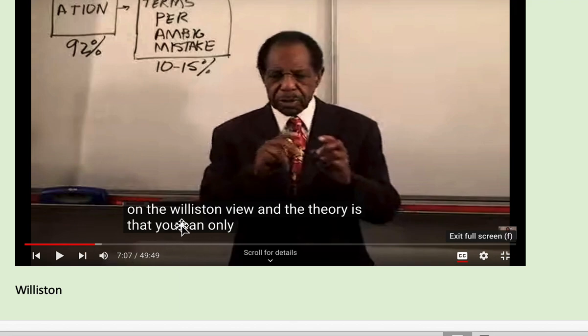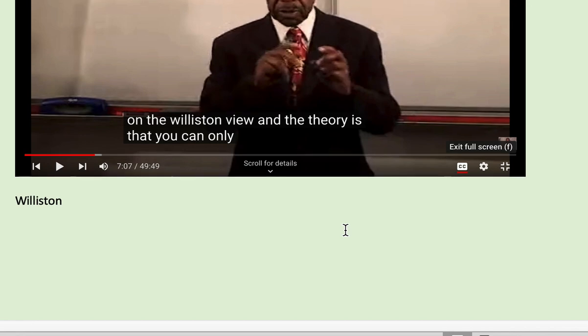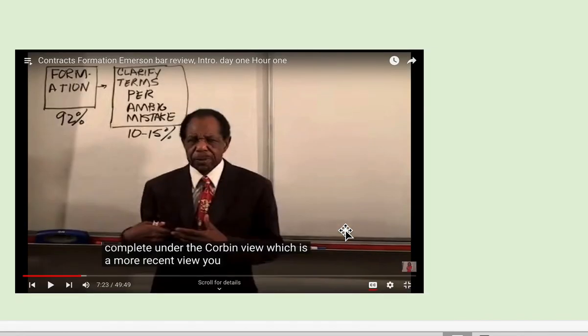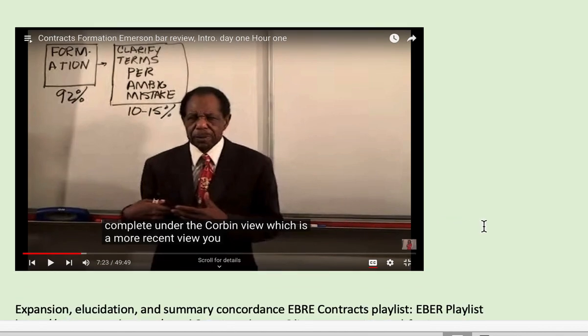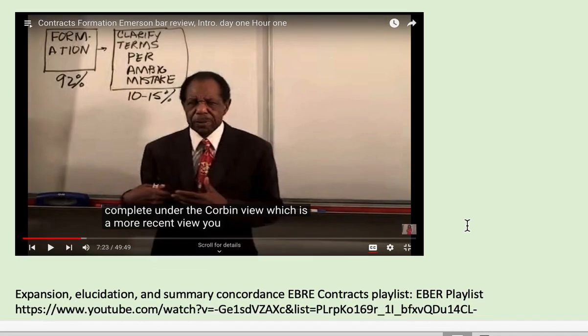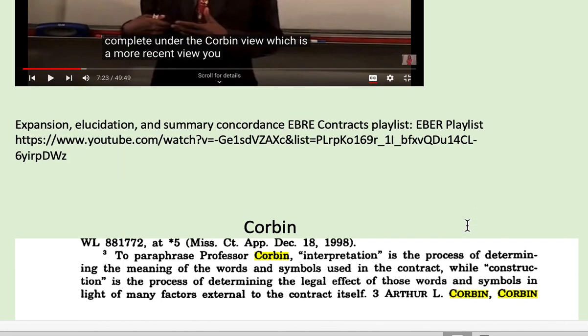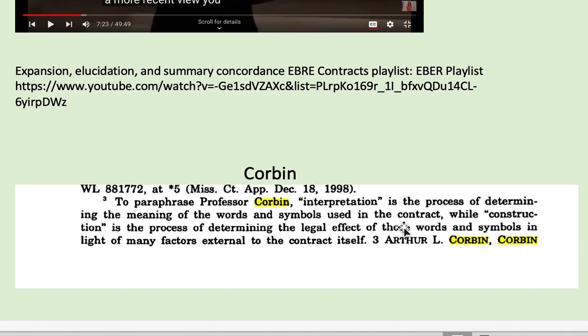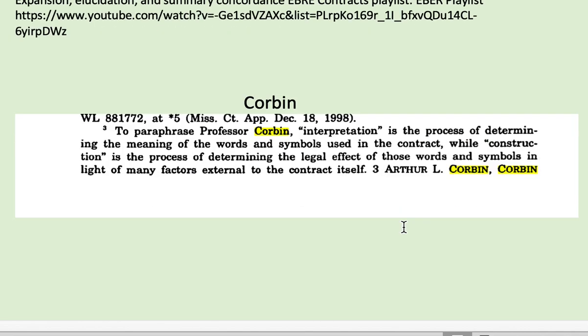So he talked about these two theories, and I was like, what? Now, I knew all the terms in there, but I had more or less just memorized Parol Evidence Rule. And I actually got a lot of books, and I was scratching my head.